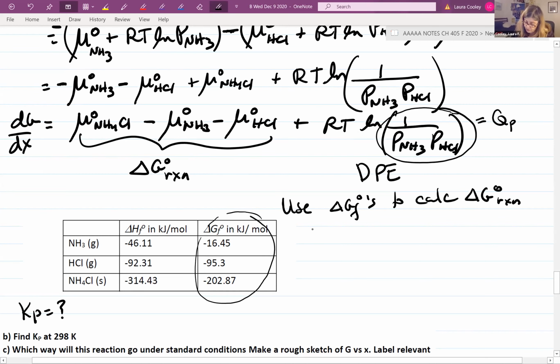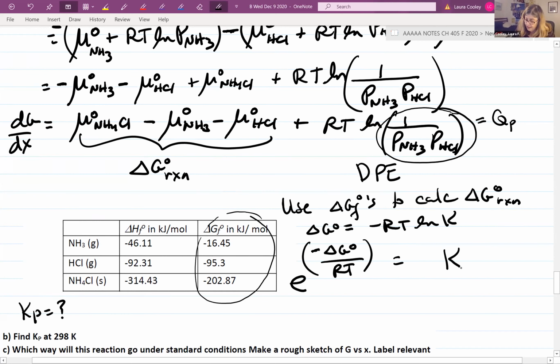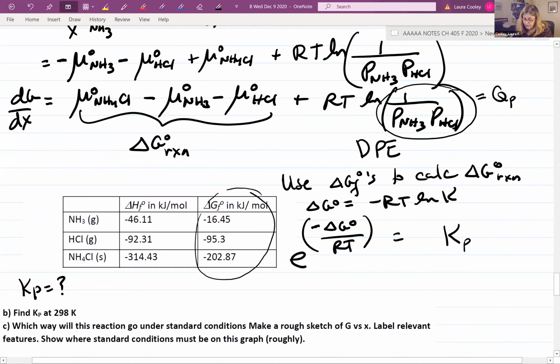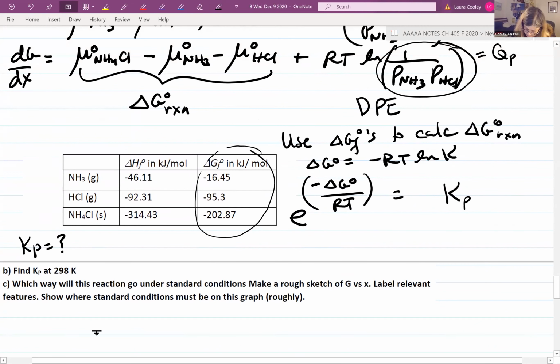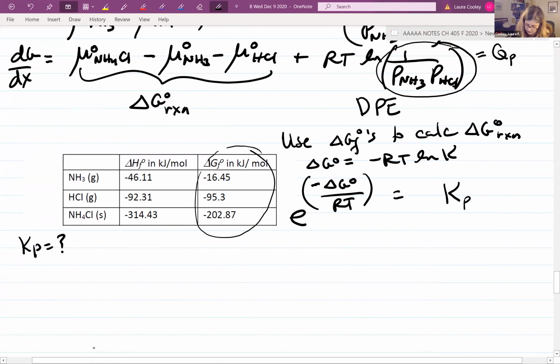And then we're going to use delta G0 is minus RT log of K. So minus delta G0 over RT, e to that is the K, or the Kp. That's how we're going to do this. I think we're going to need a little more space here.